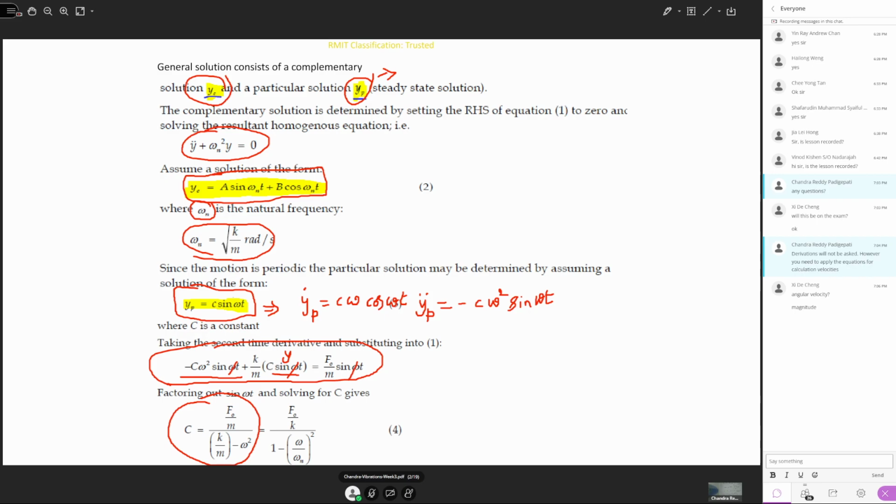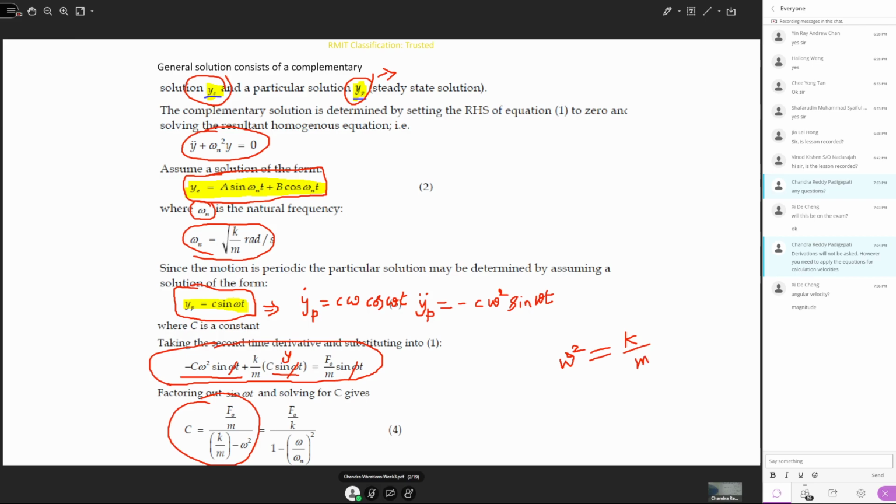We can write c. Now we can further simplify this. k by m is nothing but omega square equal to k by m. You know omega is the square root of k by m.